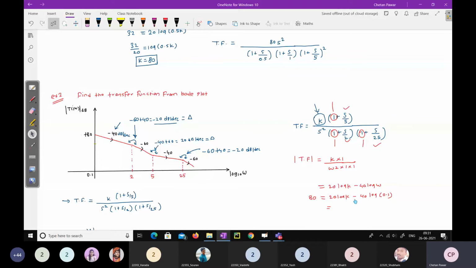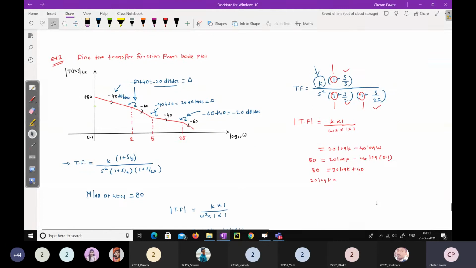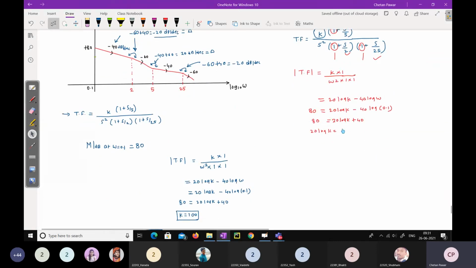So 20 log of k will be 40, so k will be 100.